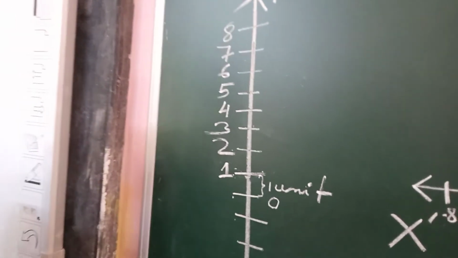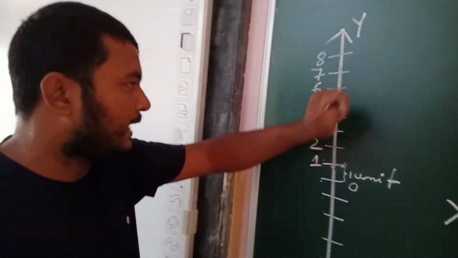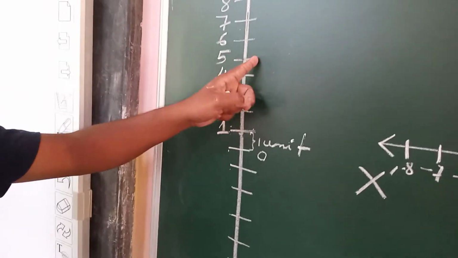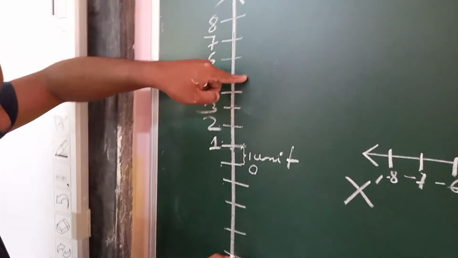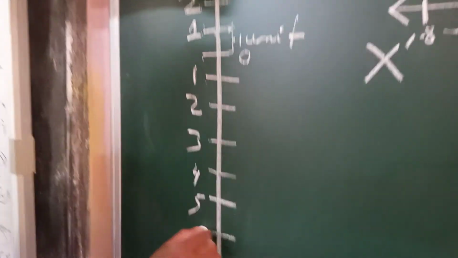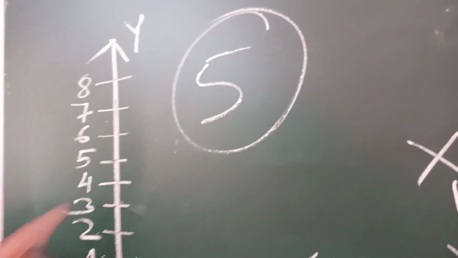Similarly below. Now if I say 1.5, then we have to differentiate between this 5 or this 5. Suppose here also I write 1, 2, 3, 4, 5, 6, 7, 8. Then if I say 0.5, how to locate this 0.5? 0.5 may come here also, here also.